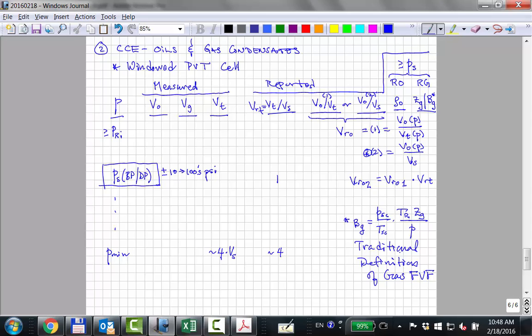But they can also measure the volume of the gas in the cell, and when they flash it, they can measure the volume of that gas again. But they don't flash it. They don't take anything out of the cell. So when you charge the cell, the lab will say, oh, we know how many grams we have of material in the cell and how many gram moles of material we have in the cell.